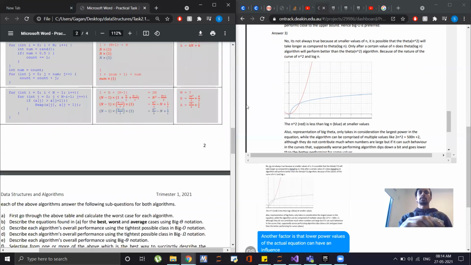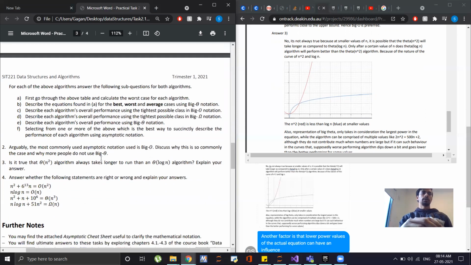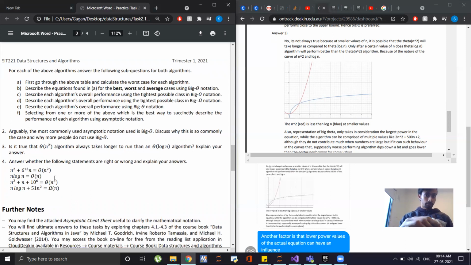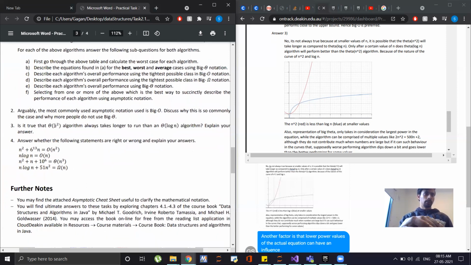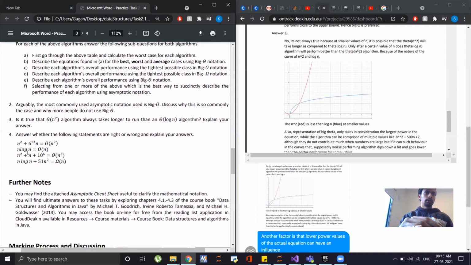So it's possible that these graphs intersect a few times. So it's not always true that n square will always take longer, depending on what follows the n square, and also the constant before the n square.